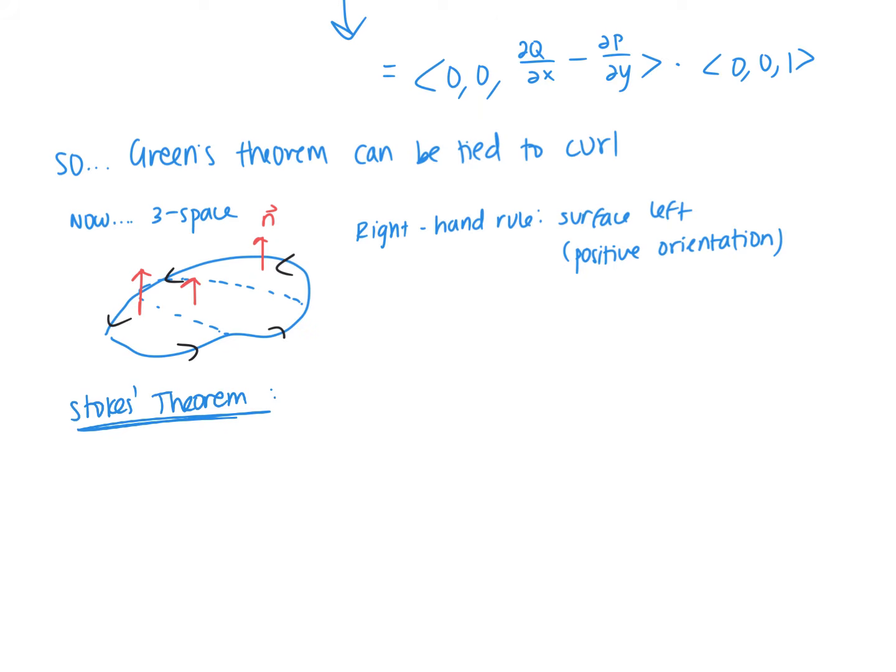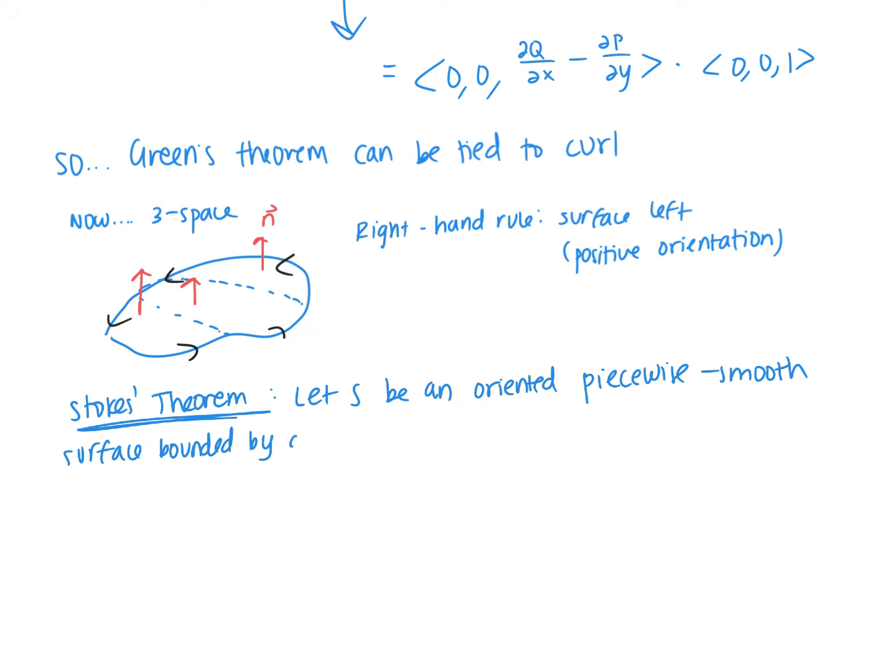Here's what Stokes' theorem says. Let S be an oriented, piecewise smooth surface bounded by a curve C with positive orientation. And here's what Stokes' theorem says.